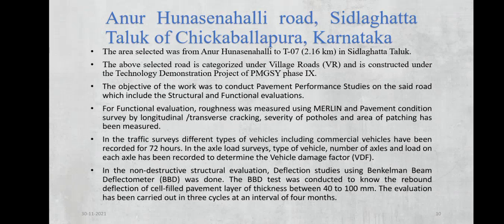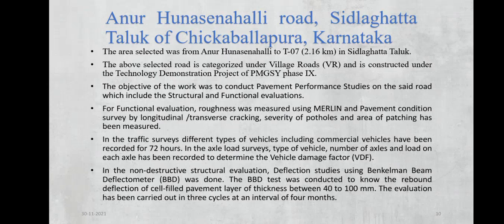The objective of the work was to conduct pavement performance studies on the said road, which include structural and functional evaluation. In functional evaluation, roughness was measured using Merlin, and pavement condition was surveyed for longitudinal and transverse cracking. Severity of potholes and area of patching were also measured.